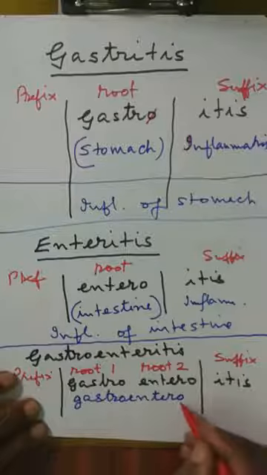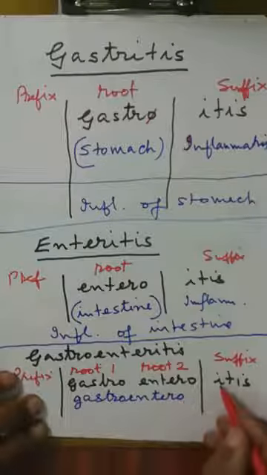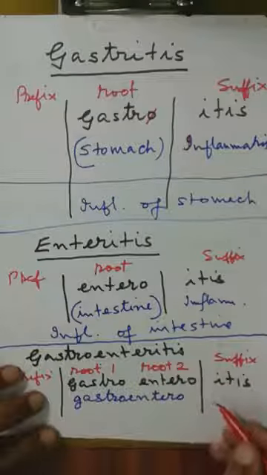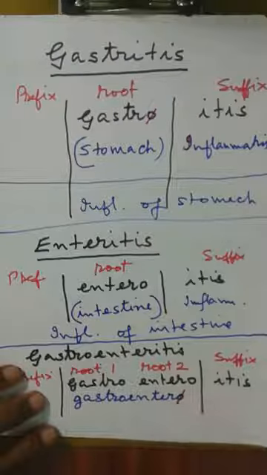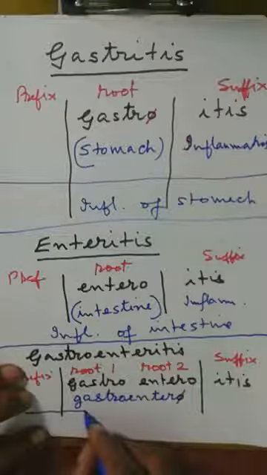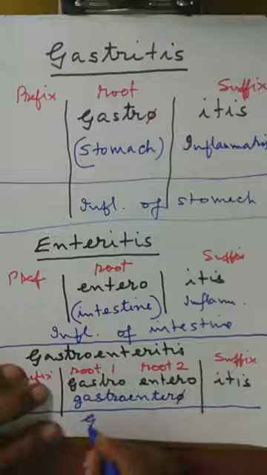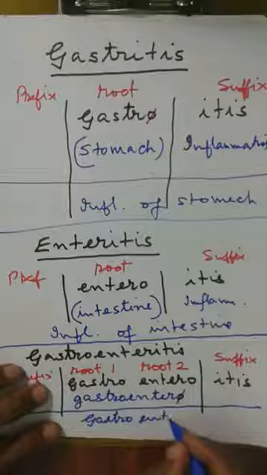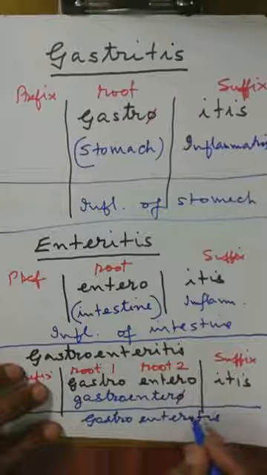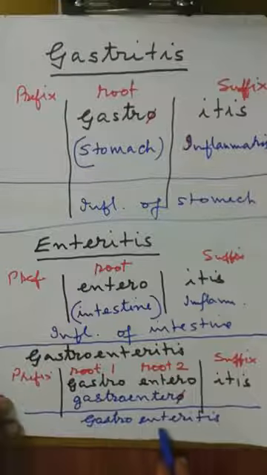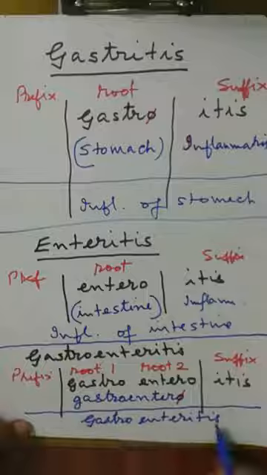Gastroentero. So this O will combine with this I. Then, as per our rule, this O will be cancelled. And the word becomes gastroenteritis. This is how the word gastroenteritis is formed.